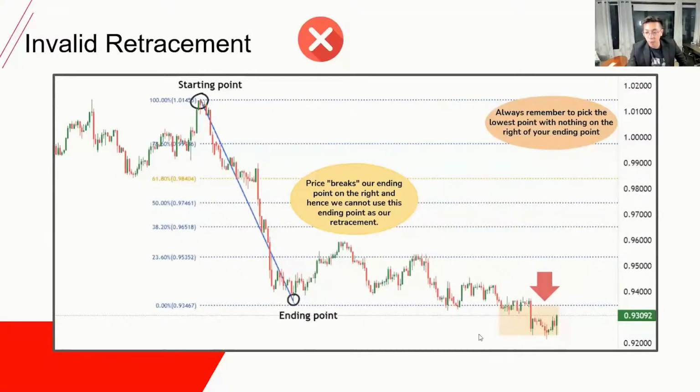So this FIB cannot be used unless you are projecting an expansion level. But for expansion, because price didn't retrace back to 50%, we cannot use the expansion. Always remember to pick the lowest point with nothing beyond your ending point.